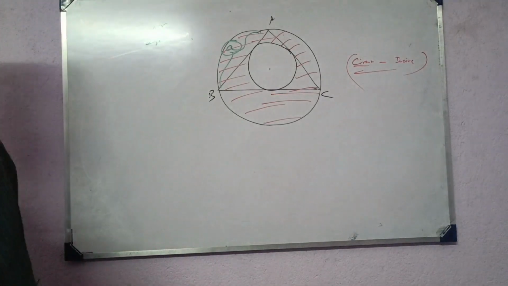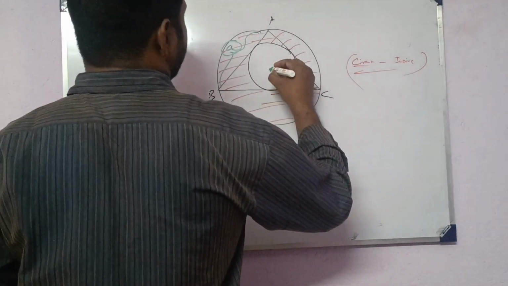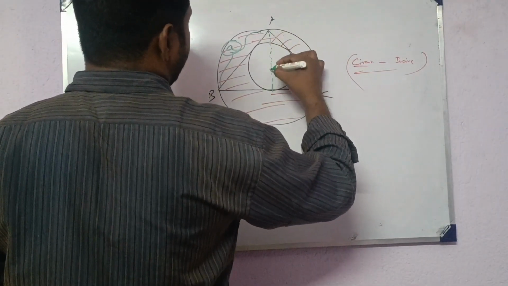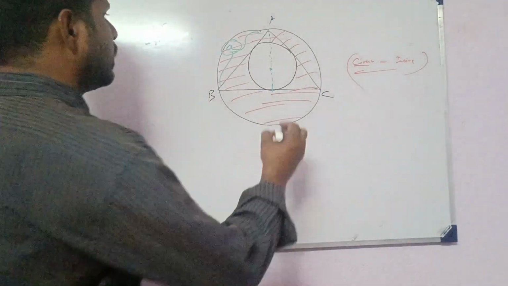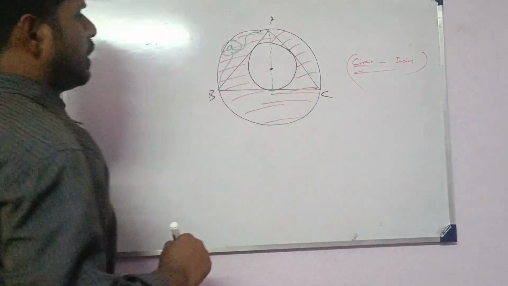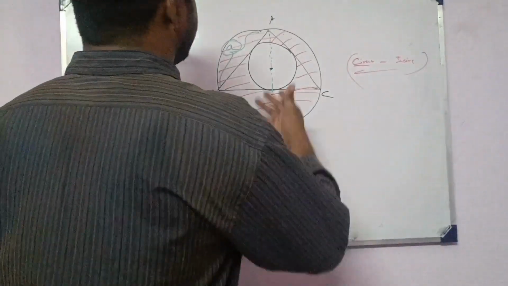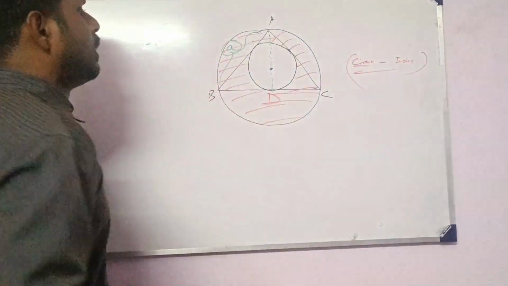So as triangle ABC is equilateral, we know that the height will definitely cross the circumcircle and incircle. This is the height, D.